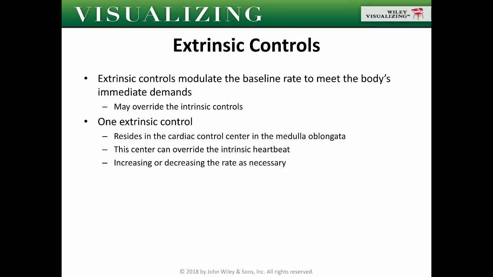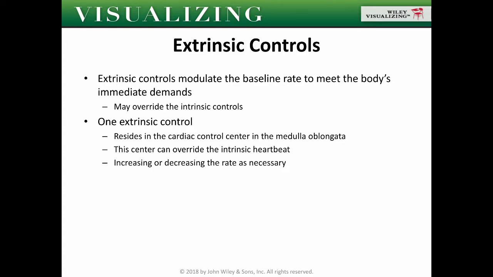Now, looking at the extrinsic control. Extrinsic control modulates the baseline rate to meet the body's immediate demands, so this may override the intrinsic control. An example for that is homeostatic control or emotions, the fight or flight response, where you have a necessary increase or decrease in the heart rate.